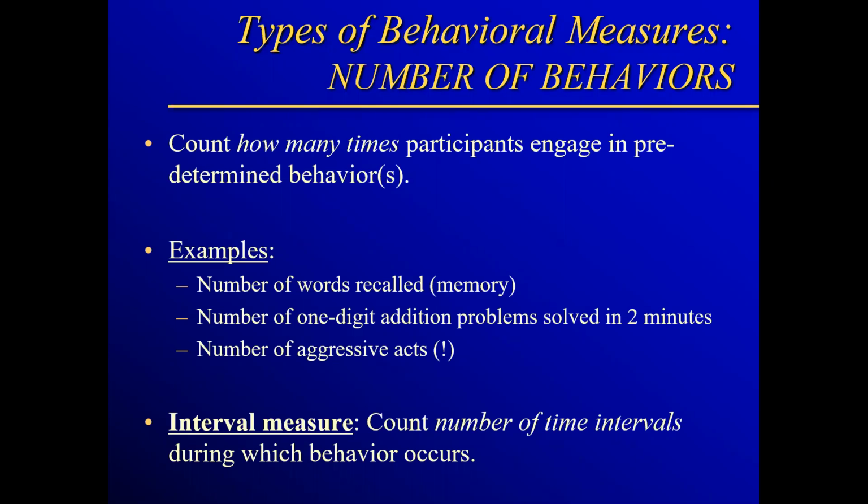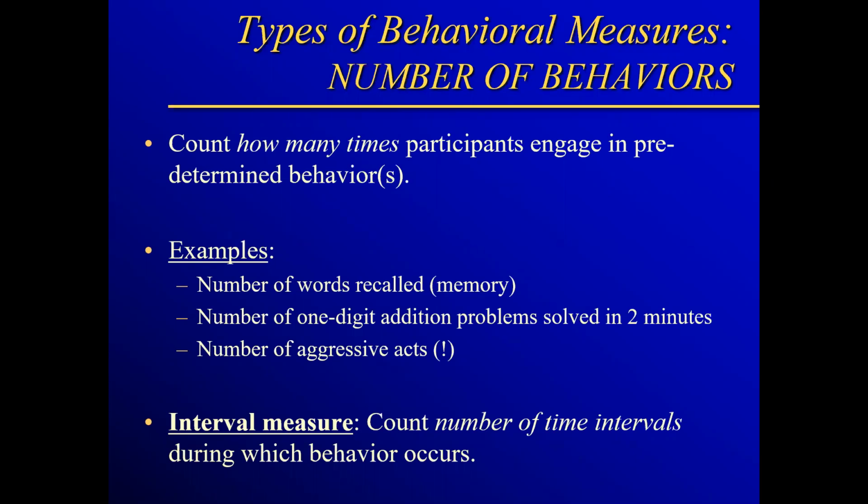Do you need to actually physically hit or hurt someone for it to be aggressive? What happens if I throw something, but I didn't intend to hit anybody, but I accidentally hit my brother in the head with a baseball, but I didn't mean it? Is that an aggressive act? Probably not, but if you're an outside observer, it may look like an aggressive act. So you need to have really strict definitions for behaviors.